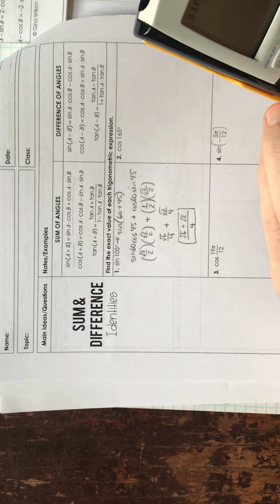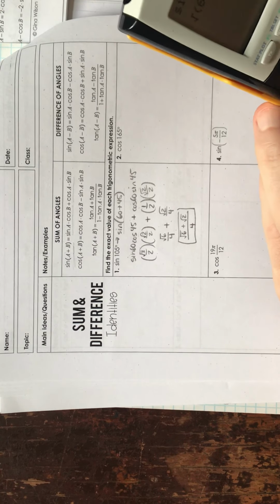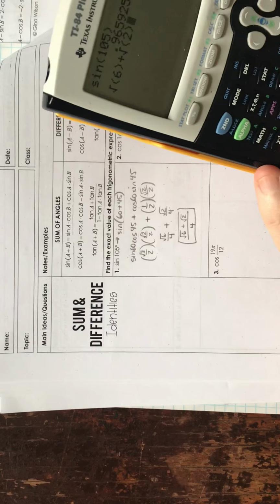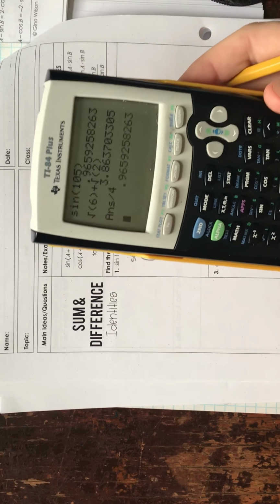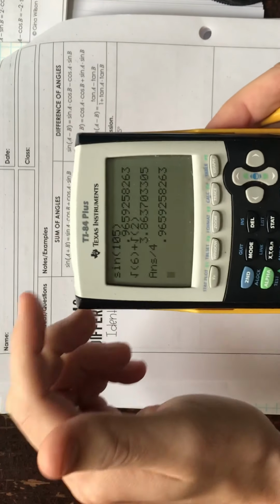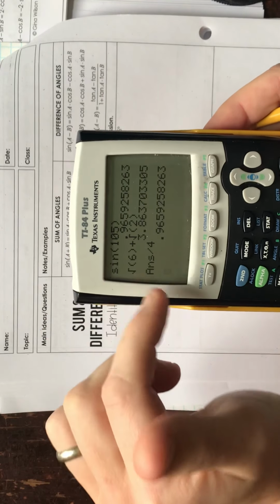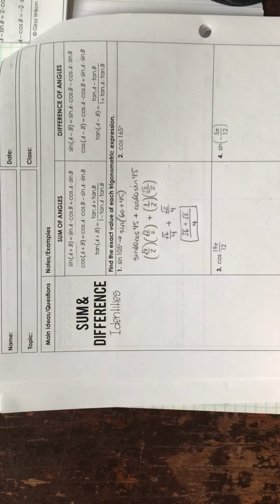And then I'm also just going to do exactly what we got as our answer, which is square root of 6 plus the square root of 2, and then I'm going to divide it by 4. And you see how I got the same exact answer? I got 0.9659 when I did sine of 105 and when I did the square root of 6 plus square root of 2 over 4. So we just got the exact value there rather than the decimal.